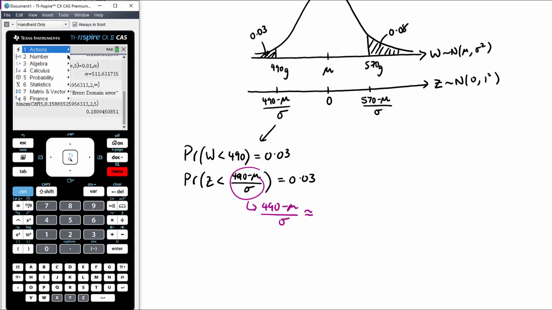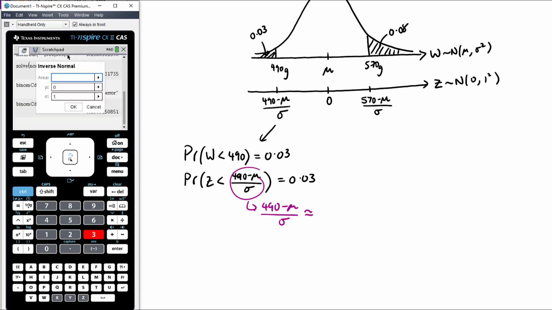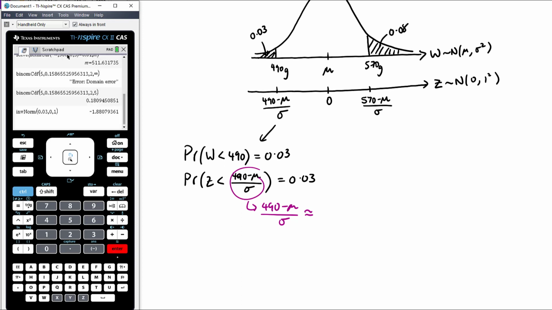So menu 553. The area we know is 0.03. Standard normal, so mean is 0, standard deviation is 1. So this value is approximately negative 1.8808.